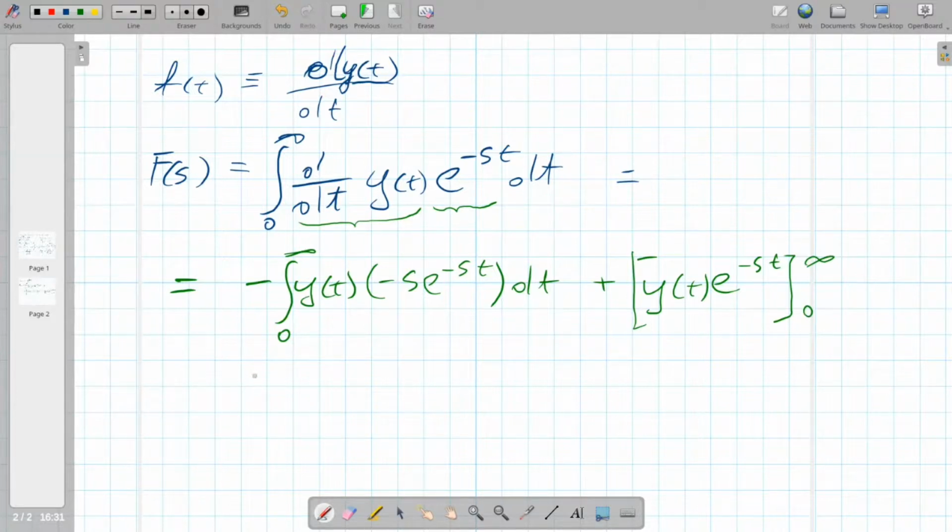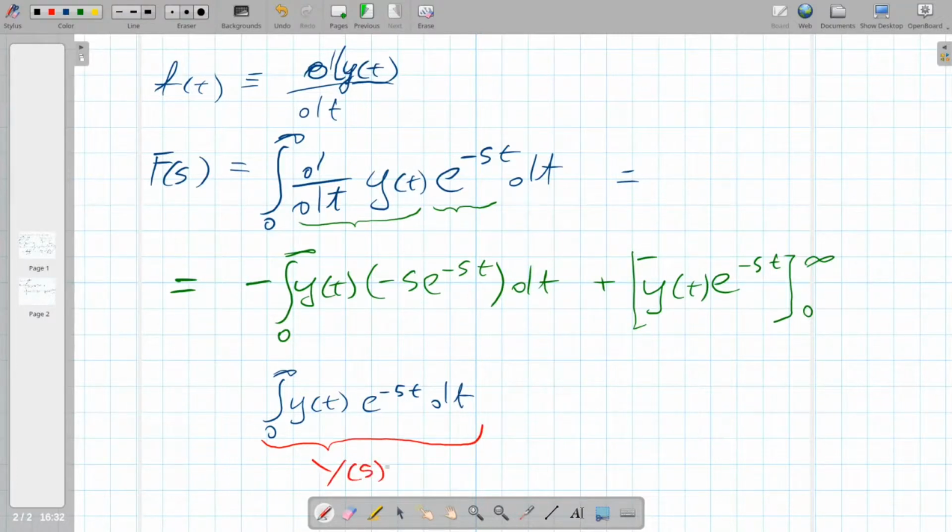So we have the minus here and minus here, and we also have the integration from 0 to infinity of y of t e to the minus st dt, which is by definition the Laplace transform of y of t, meaning Y of s.